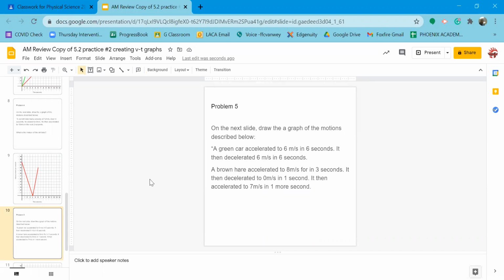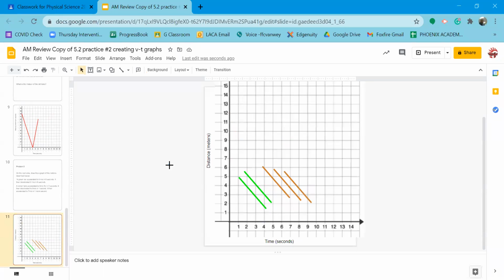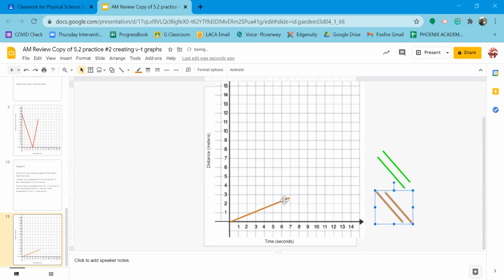6 meters per second in 6 seconds. So he got up to 6, and it took him 6 seconds.